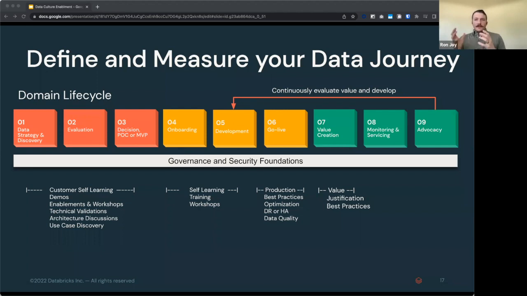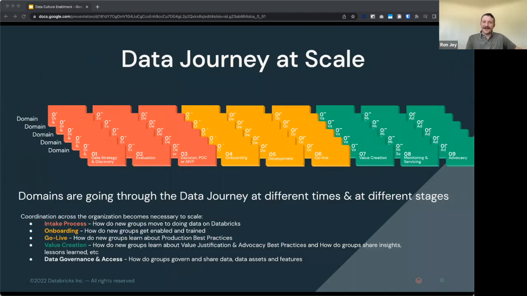So, that's all fine and dandy. We know what the journey looks like for an individual project, an individual business unit, an individual domain. This applies at all different levels here. How do we do each of these individual things though, right? That's not easy, right? And then how do we do them at scale? How do we do them when we have 10 domains, right? I might be a part of one domain, but my data engineering benefits 4 other data domains.